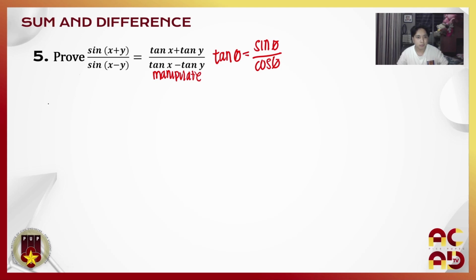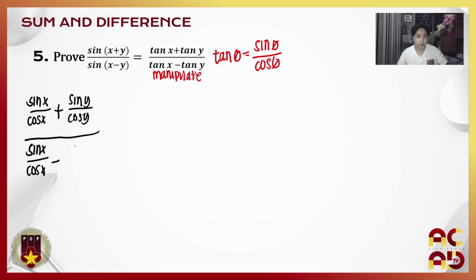So, we have sine x over cosine x plus sine y over cosine y all over sine x over cosine x minus sine y over cosine y. Ayan.